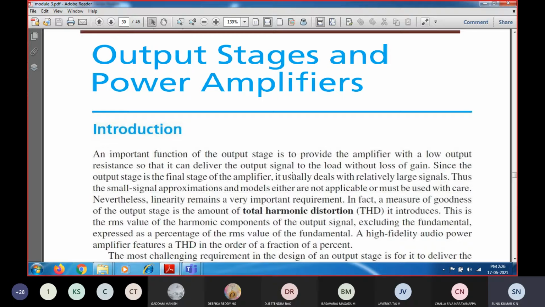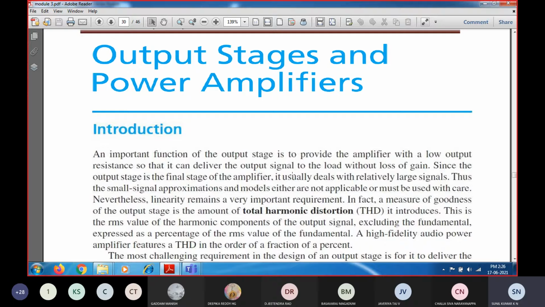On giving a small signal you get amplification, and the output voltage and current will be of very small amplitude. Because of that, we call it a small signal amplifier.